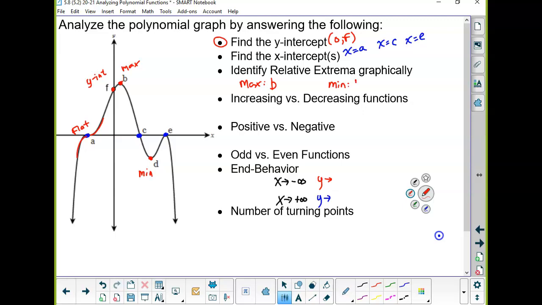So I would just say a min is at D. And then point E is a local max. And if you're writing it, I guess it doesn't hurt to just throw out the words local and absolute.